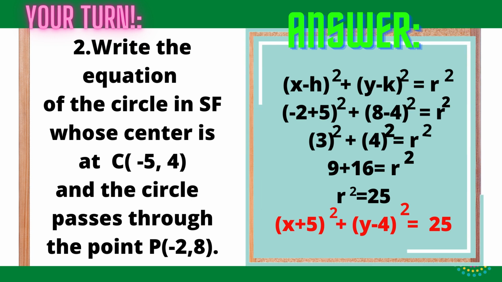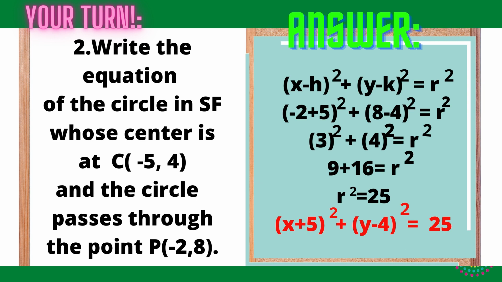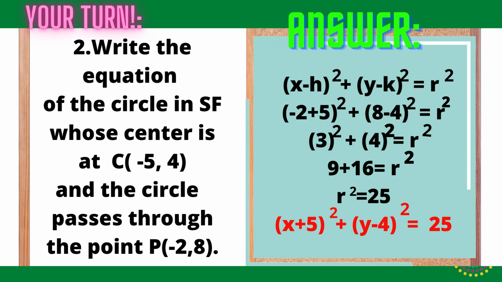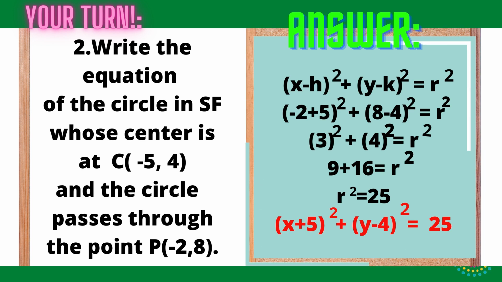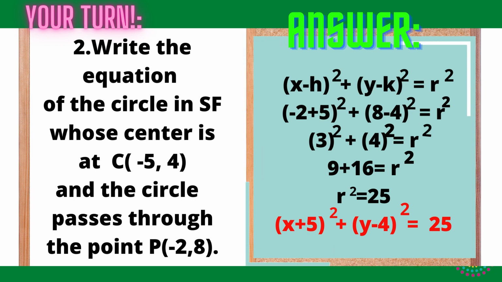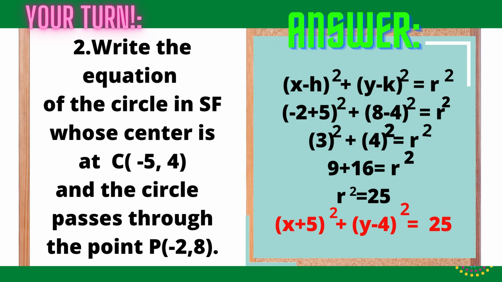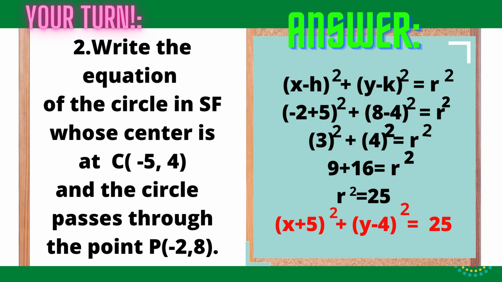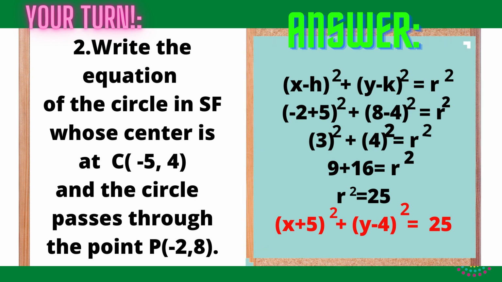Using the standard form, (x - h)² + (y - k)² = r². So replace x with -2, h is -5: -2 minus quantity negative 5, negative times negative is positive 5, quantity squared, plus y is 8, minus k, minus 4, quantity squared equals r².